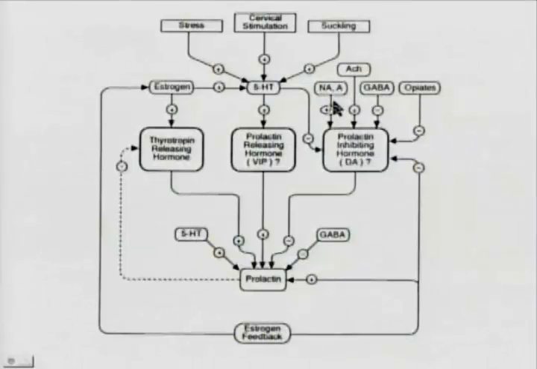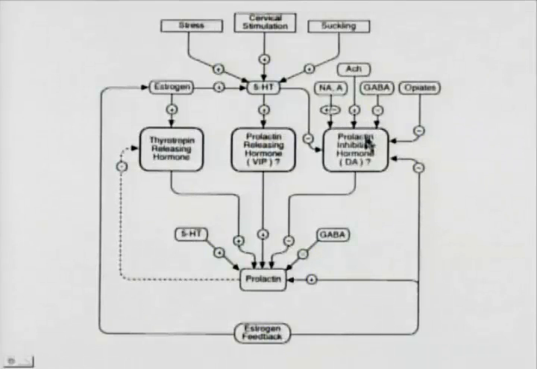Norepi and epi have seemingly opposing effects sometimes, so this is that neuromodulatory effect that we would be considering. Under certain situations might be excitatory, under others might be inhibitory, depending on the interaction with other transmitters.